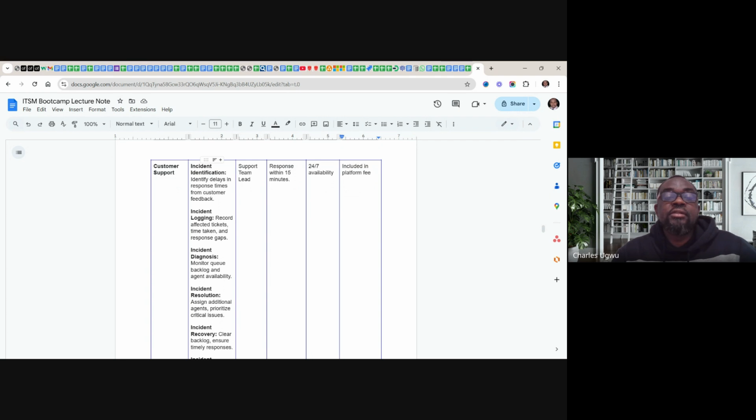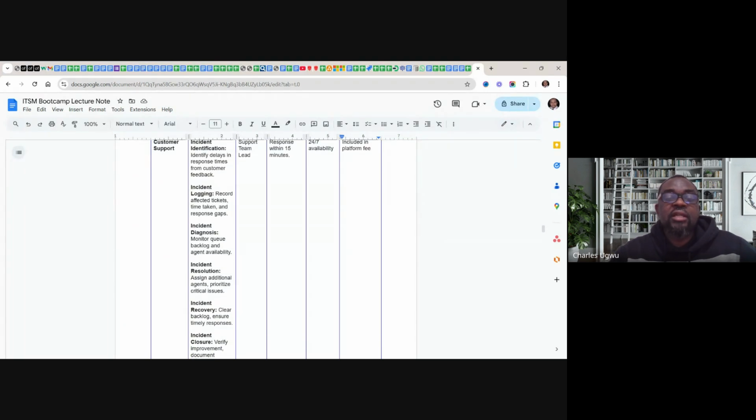Here is how it works: you log the incident, recording affected tickets, time taken, and response gap. Do the diagnosis, monitoring the queue, backlog, and agent availability. For incident resolution, assign additional agents, prioritize critical issues.